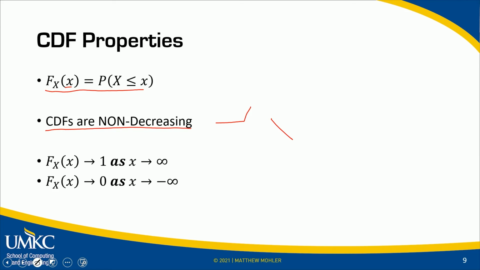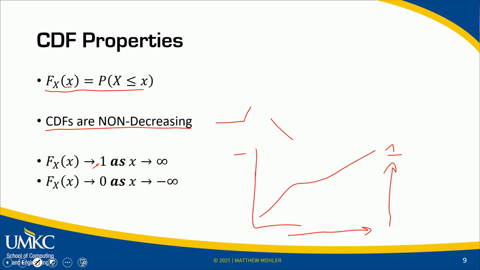Now, the other thing is that the cumulative distribution function will always approach a value of 1 as our x approaches infinity. As we reach the far right edge of some cumulative distribution function, and let's say that this right here is our 1, we know that as x increases, we are getting closer and closer to 1.